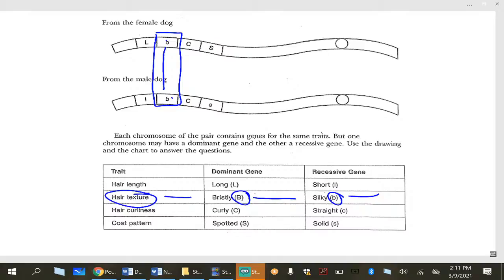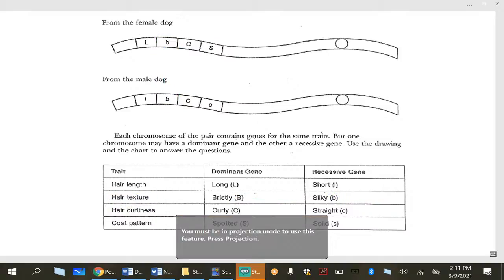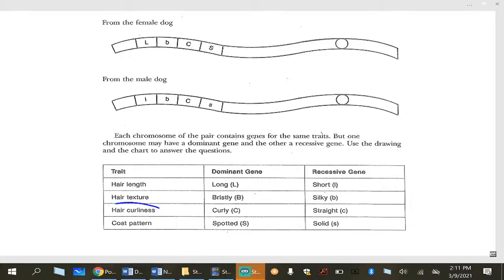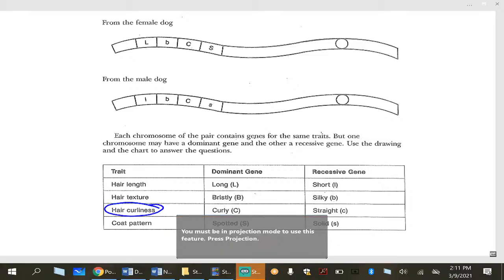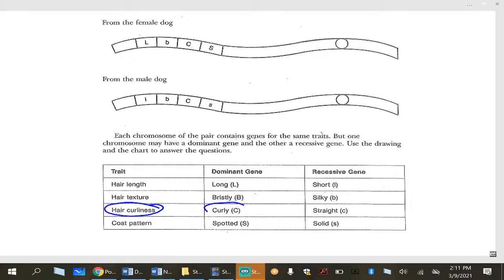Ready? Number 5. Let me clear this. Oh, I was looking at the wrong one. Don't do that. Number 5. Would the puppy have curly or straight hair? So now we're talking about hair curliness. Will the puppy have curly or straight based on this letter and that letter representing those alleles?